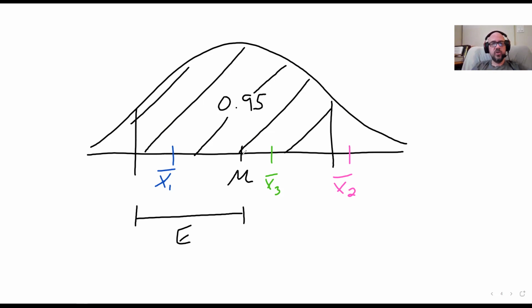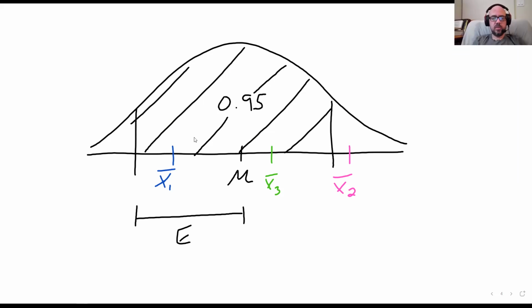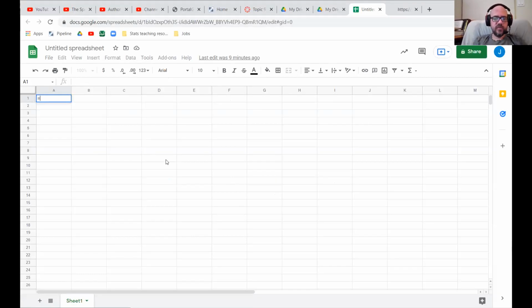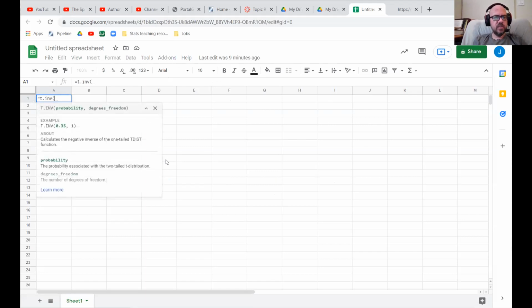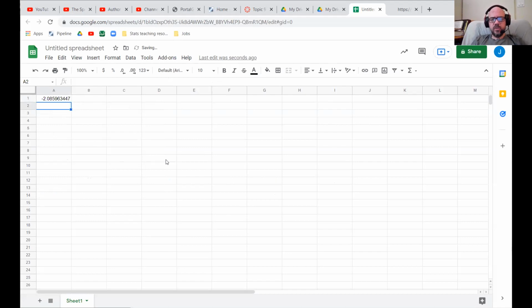So I'm going to do inverse t, just like we did in the t-distribution video. So T.INV, probability 0.025 with 20 degrees of freedom. That means I need to go 2.086 standard errors on either side of the mean.